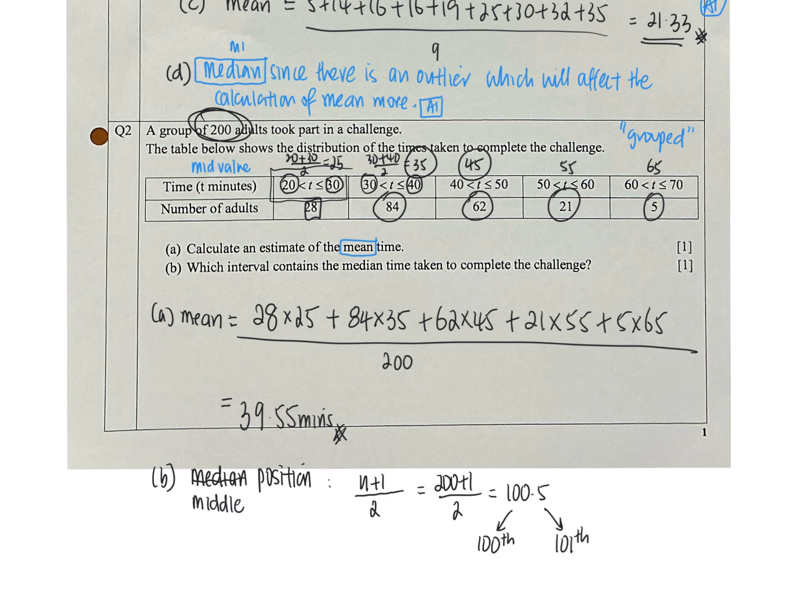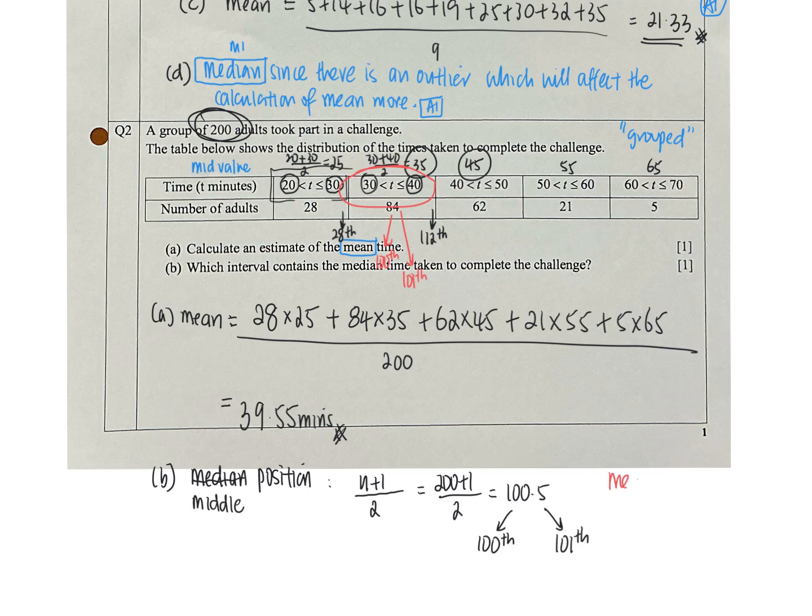So I go to my data now and I check. My first 28 persons are here, right? So the last person standing in this class is the 28th person. Last person standing here is my 112. So if you just make a guess, you know 100 falls within here. My 100th is here. My 101st is also here. So which is the median interval? It is this class.